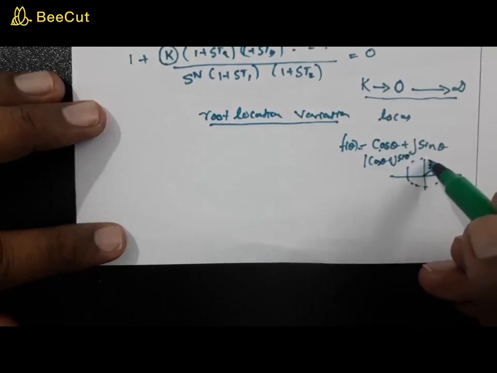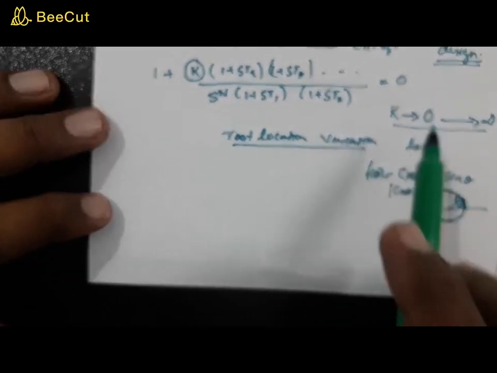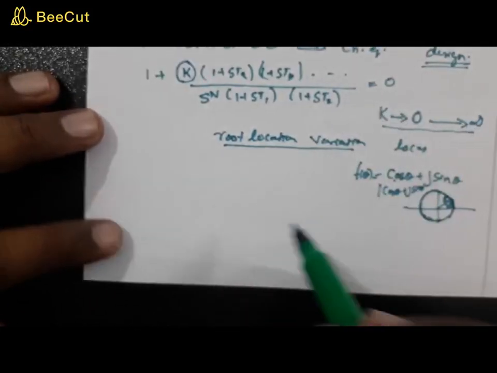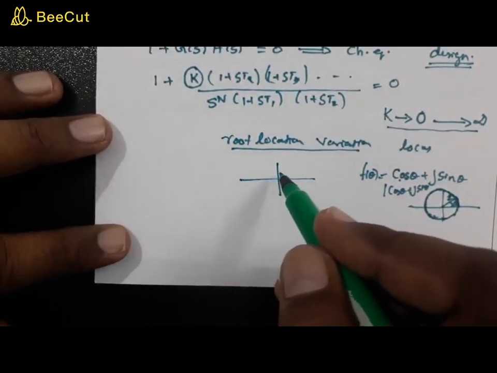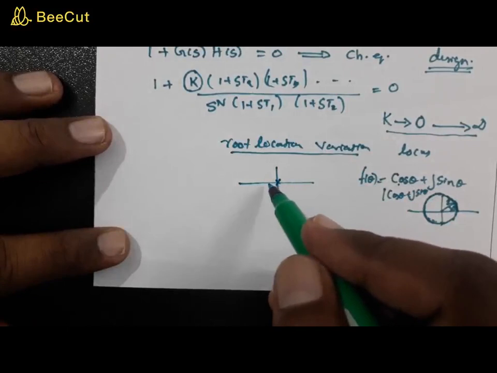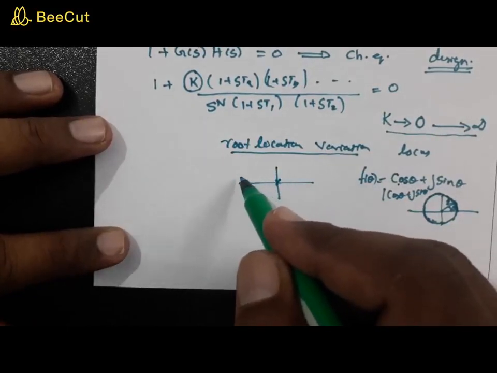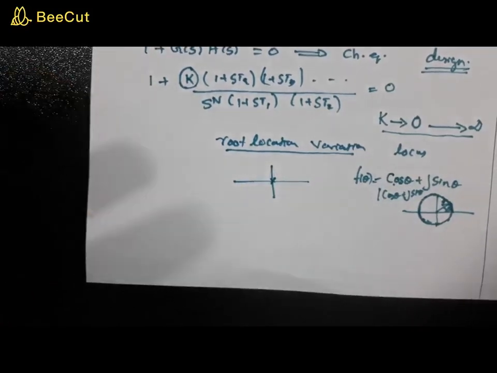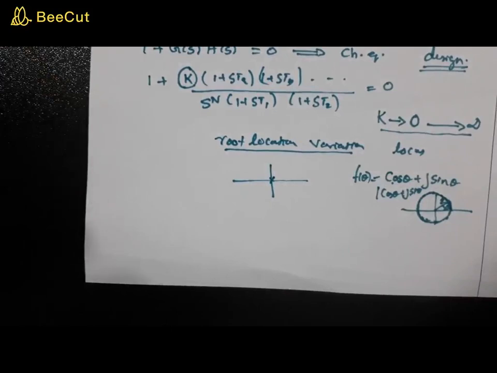So this traces a path. We can call this a circular locus. So similarly, as k varies from 0 to infinity in an s-plane, the open loop poles tend to move, right? And that path of that motion is what is called a root locus. So you will understand by some examples.